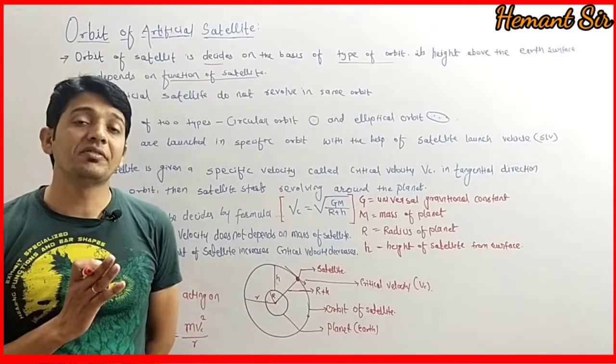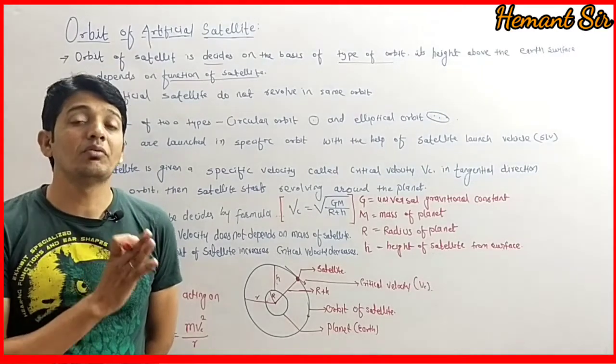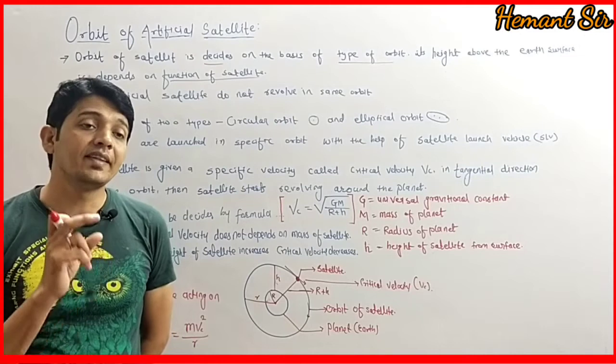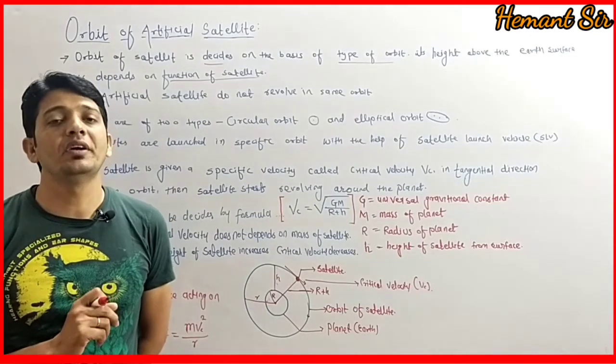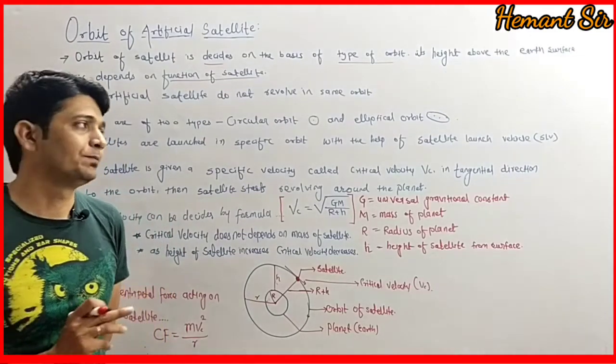So these are different types of satellites. They perform different functions. That's why they have to be placed in a specific orbit above the earth surface.